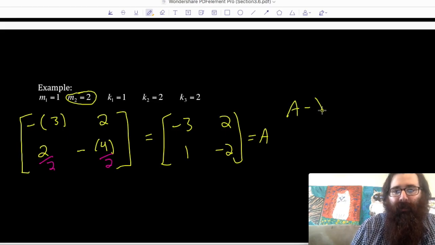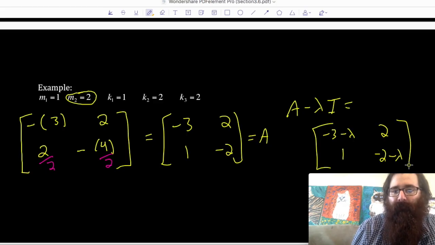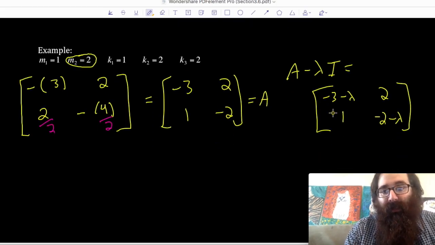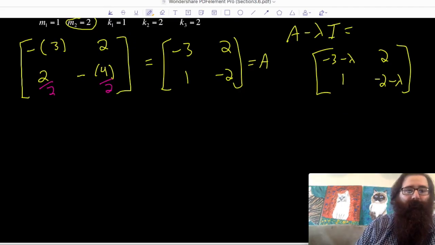And then we look at A minus lambda I as a matrix. So here we're going to have negative 3 minus lambda, and then 2, and then 1, and then negative 2 minus lambda. And I want to look at the determinant of this matrix. All right.